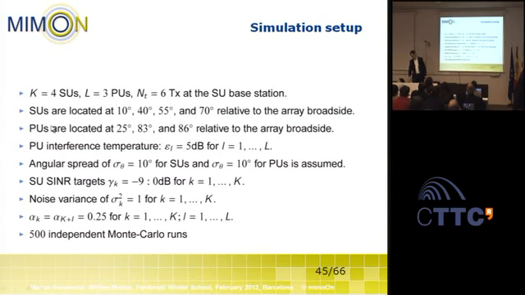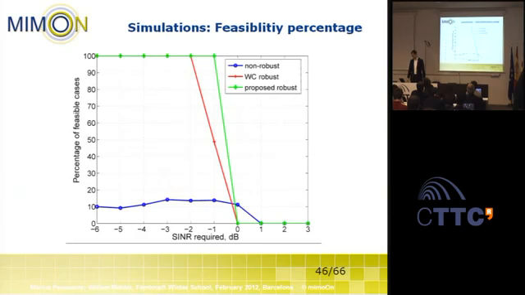We consider secondary users at some geographical positions with some local scattering around the users, and we have set targets for the quality of service from -9 dB to 0 dB. Noise variance is chosen as 1, and we have channel mismatch generated within an ellipsoid of diameter alpha equal to 0.25, and simulation results were averaged over 500 Monte Carlo runs.